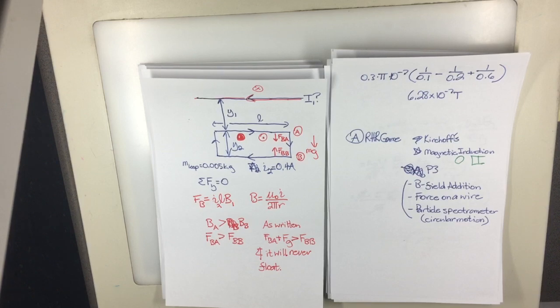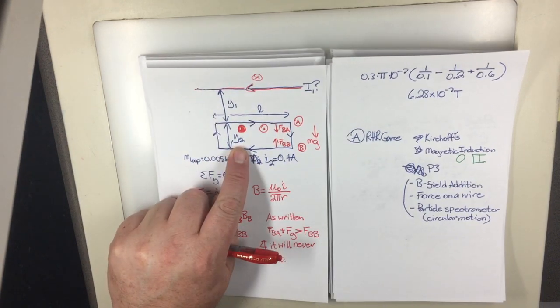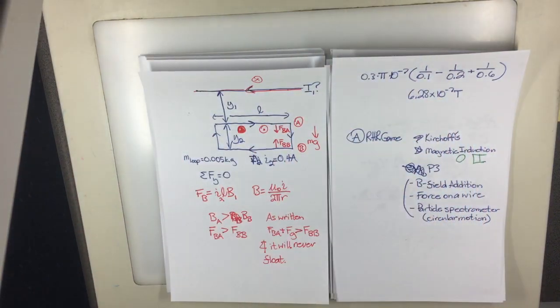So what do we have to do to fix this whole thing? Okay, that's a third way. We'd either flip the current in this wire, flip the current in that wire, or take that whole thing and move it up to the top.